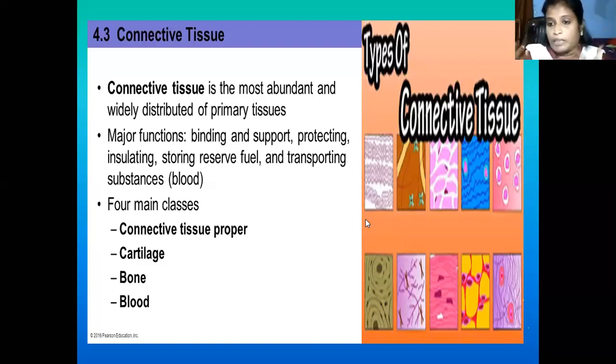Keep in mind, don't be confused. Animal tissues have types, epithelial tissues have types, connective tissues have types. But animal tissues have 4 types: epithelial, connective, muscle and nervous.